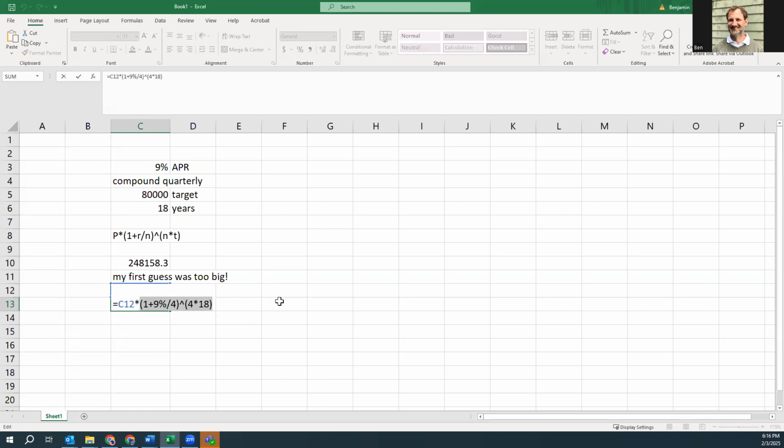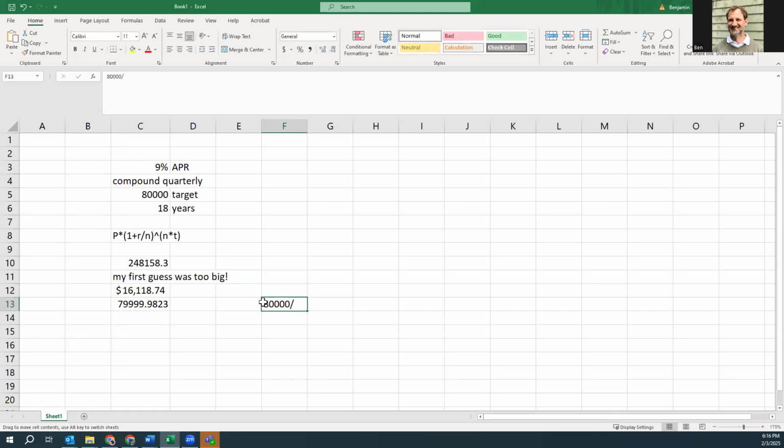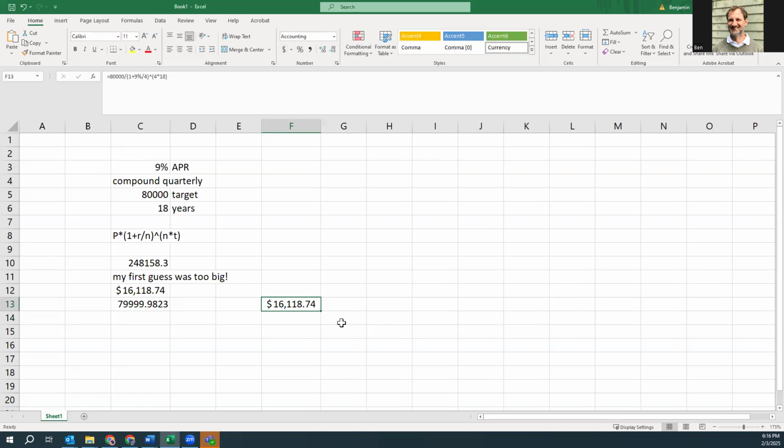So I'm taking 80,000 and I'm dividing by the 1 plus 9% divided by 4 raised to the 4 times 18. And it looks like, yep, that's exactly the right answer. 16,118.7.